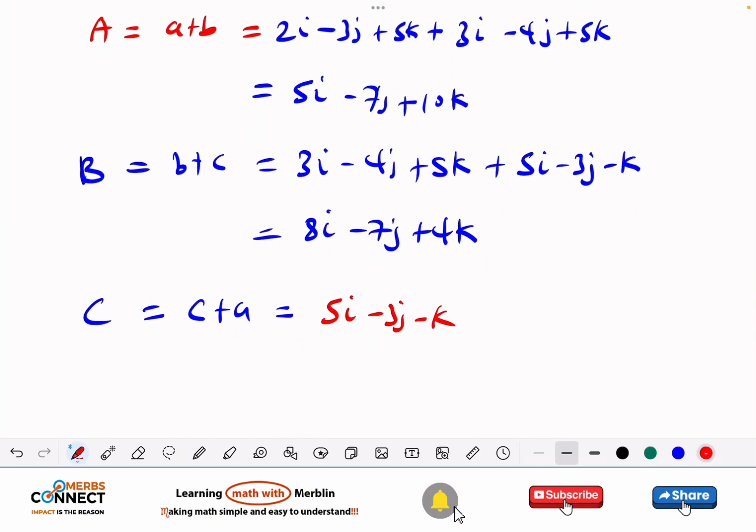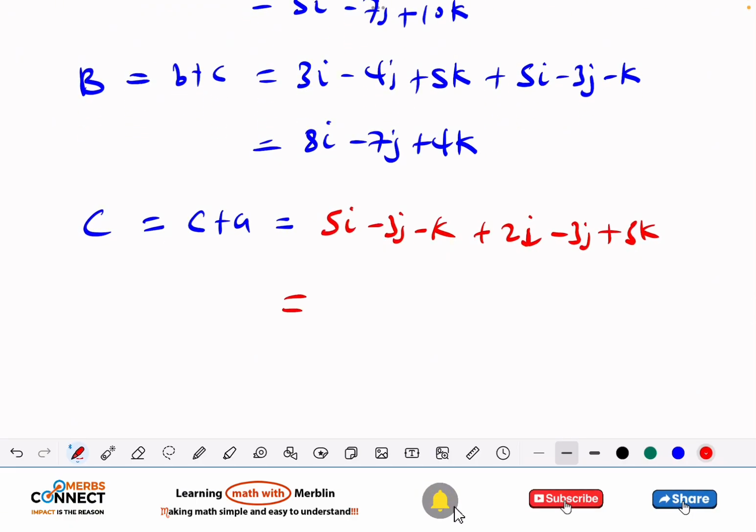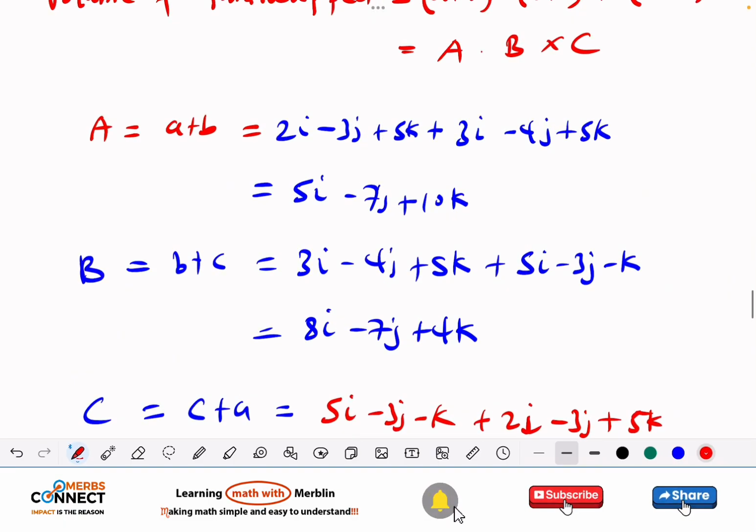So we are going to have plus 2i minus 3j plus 5k. That is A. So add and get 7i. Sorry, 7i, and then minus 6j plus 4k. Good. So now we have big A, big C, big B.